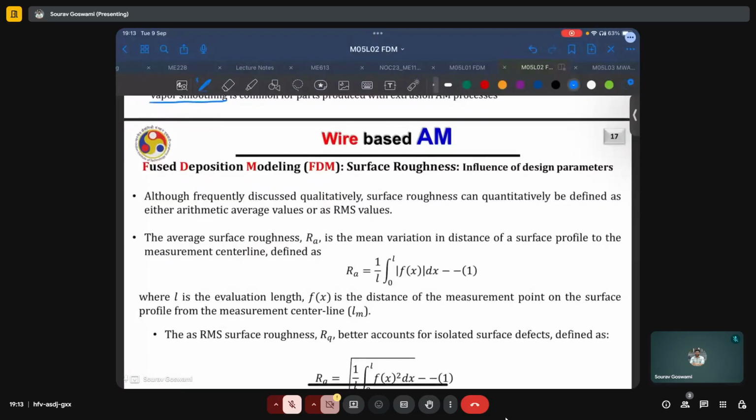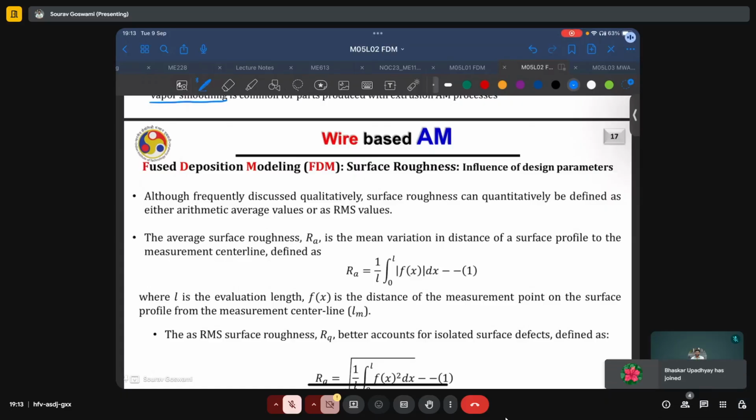And the final section is on surface roughness of fused deposition modeling. Although frequently discussed qualitatively, surface roughness can quantitatively be defined as either arithmetic average values or as RMS values, RMS being root mean square.